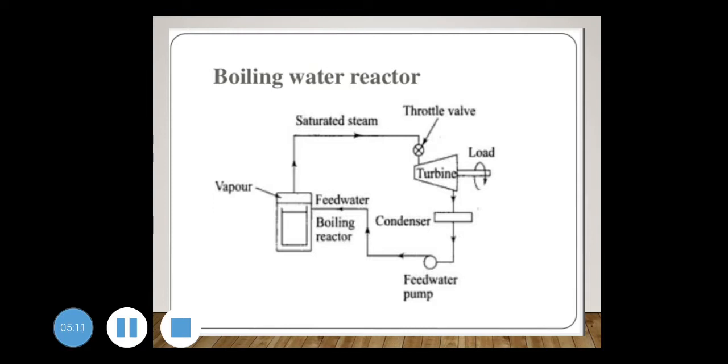And the steam extracted from the turbine is condensed in the condenser, and sent back to the reactor through the feed water pump. This is the working of the boiling water reactor.